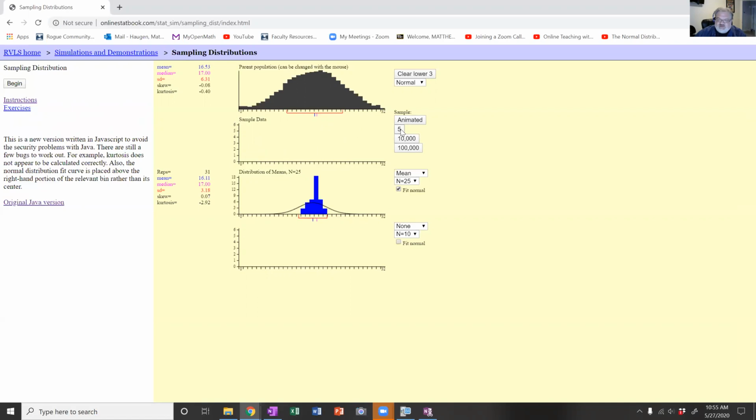And the more it does it, the more that's going to start looking like a normal curve. I'm doing it 5 samples at a time. Now this would take forever. But if we look at the full sampling distribution, the full sampling distribution is every possible sample of size 25. We get a very nice, normal distributed curve. Fair?